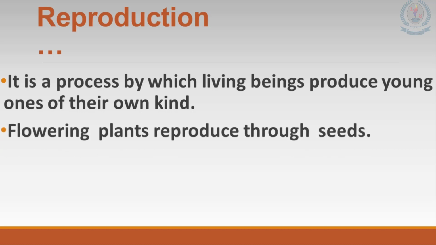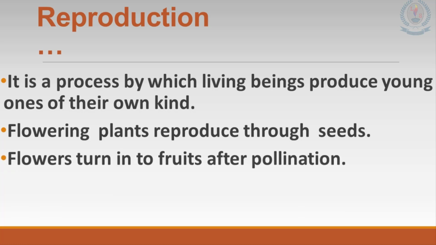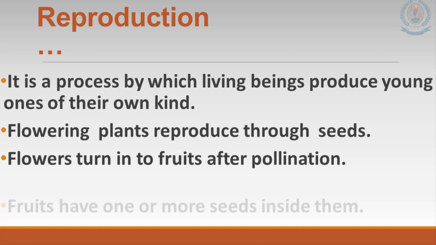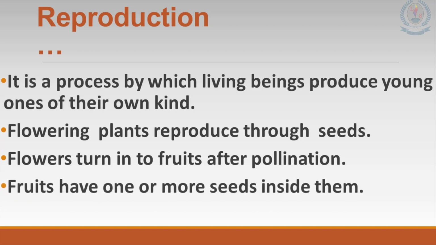Do you know how plants reproduce? Flowering plants reproduce through seeds. Flowers turn into fruits after pollination. Fruits have one or more seeds inside them. Do you know what is a seed?